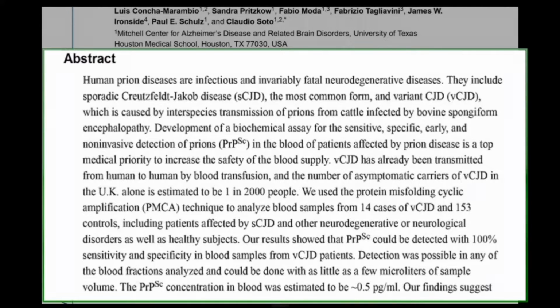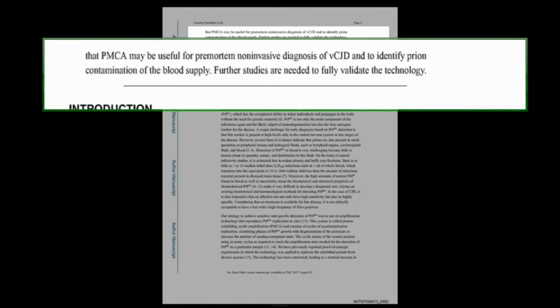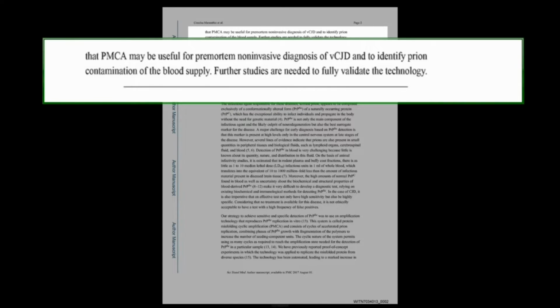Detection was possible in any of the blood fractions analysed and could be done with as little as a few microlitres of sample volume. The PrPSc concentration in blood was estimated to be 0.5 pg/ml. Our findings suggest that PMCA may be useful for pre-mortem, non-invasive diagnosis of VCJD and to identify prion contamination of the blood supply. Further studies are needed to validate the technique.